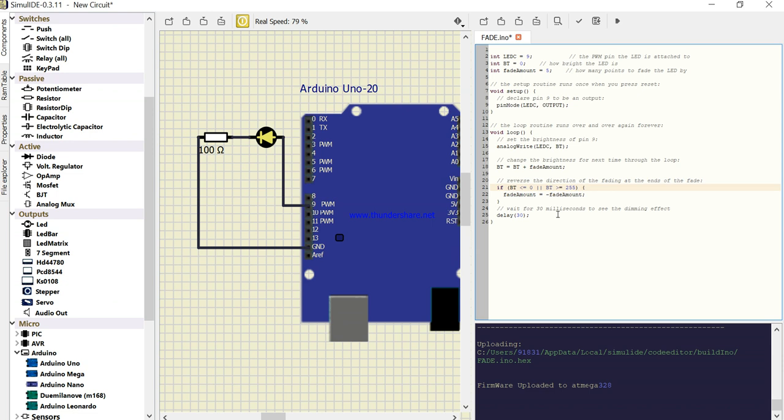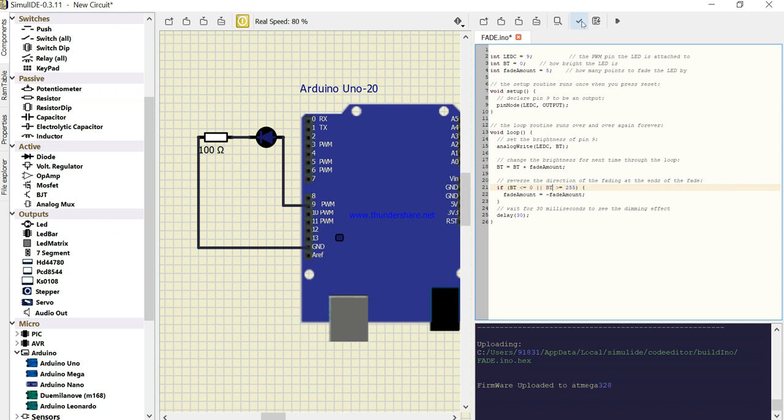It means if the fade amount is 5, it changes into minus 5. So when the BT amount is 255, the new BT amount will be 255 plus minus 5, so 250, then 250 plus minus 5, so 245. It will increase and decrease, and it will take a delay of 30 milliseconds.